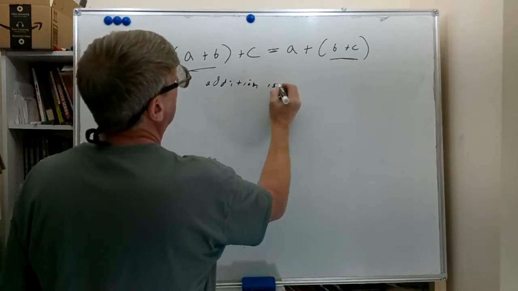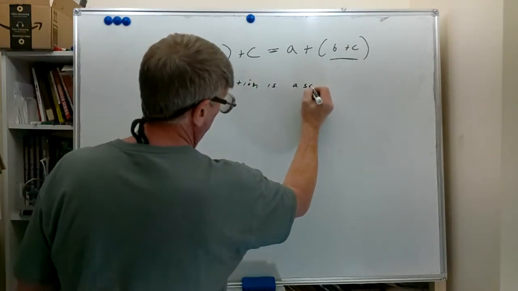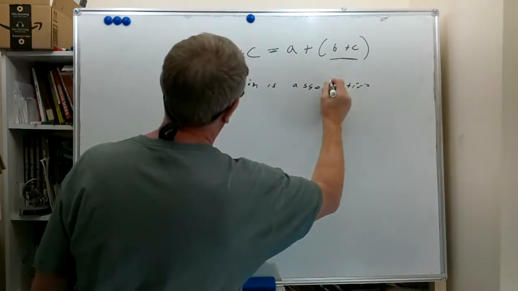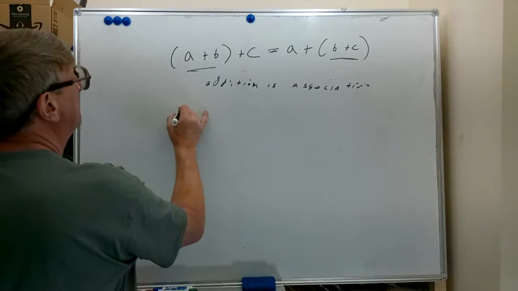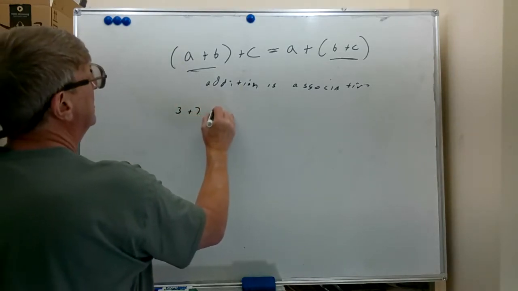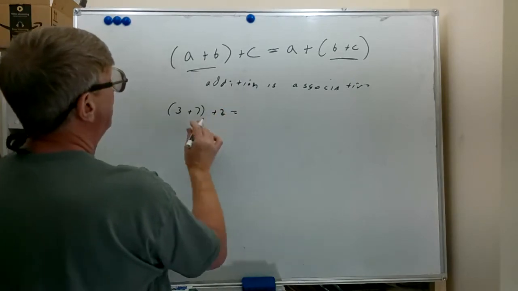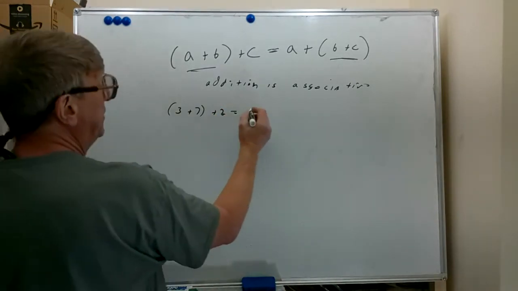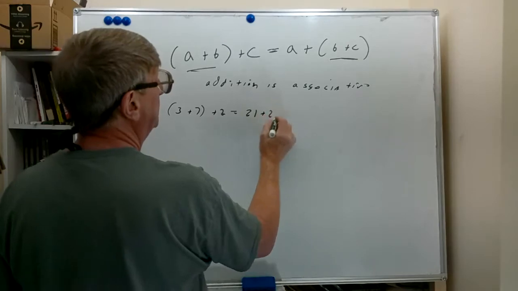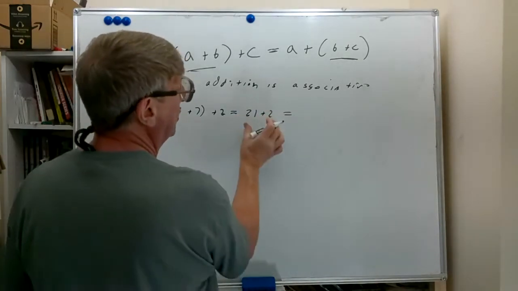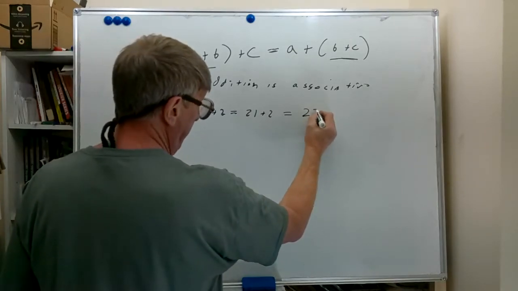Example, if I have 3 plus 7 plus 2, I add the part in parentheses first, I get 10 plus 2. Now we add what's left. 10 plus 2 is 12.